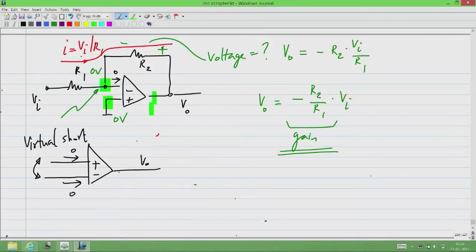Okay, so this is another amplifier, a classic amplifier topology using op amps, and we analyzed it by assuming a virtual short between the inputs of the op amp. Okay.